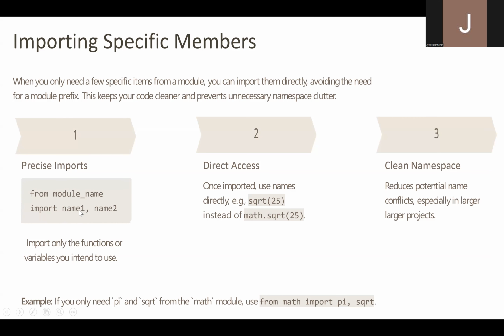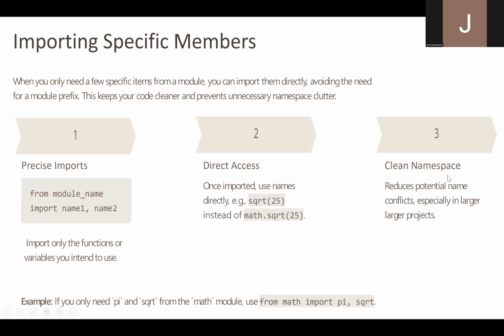Let's consider name1 is one of the members, name2 is another one. This is one way. Second, we can use direct access. Once imported, use names directly, for example sqrt(25) instead of math.sqrt(25).